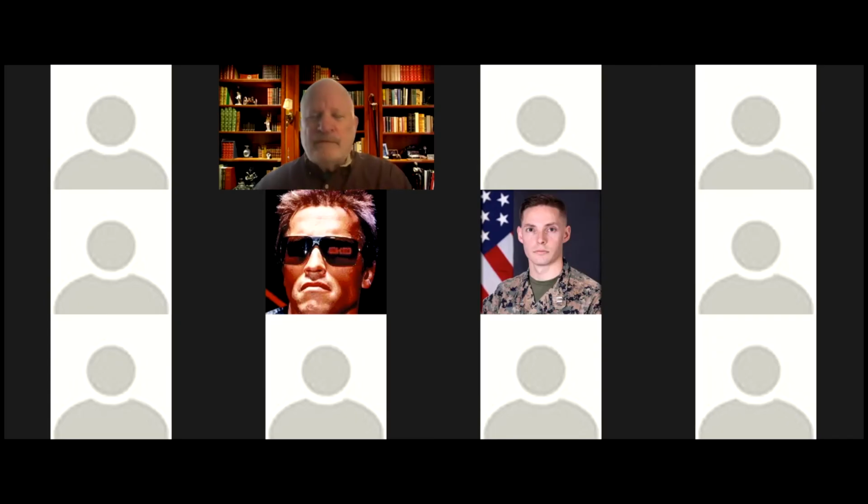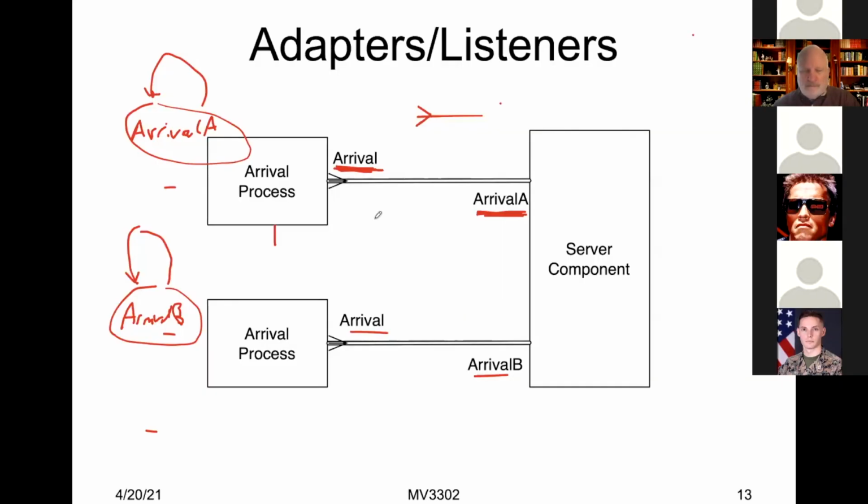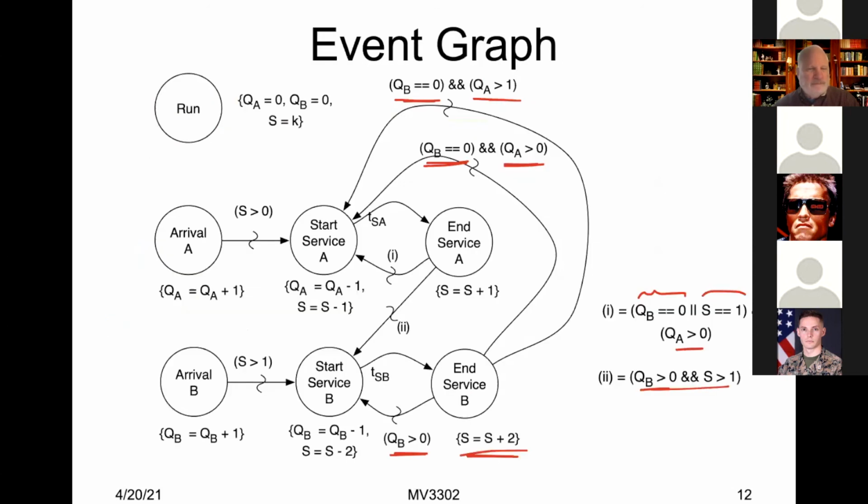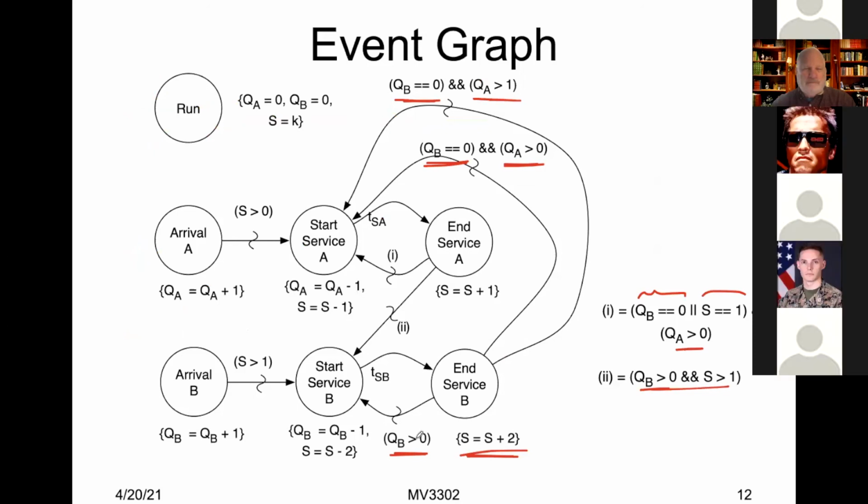So I had another question relating to slide 12, the previous one. Hopefully this makes sense, but let's say that customer B could be helped by, similar to the homework, let's say how you have it, arrival B to start service B, S greater than 1.